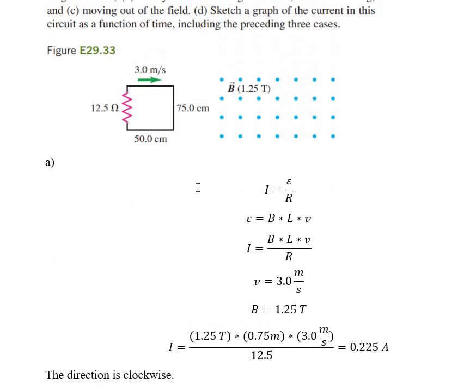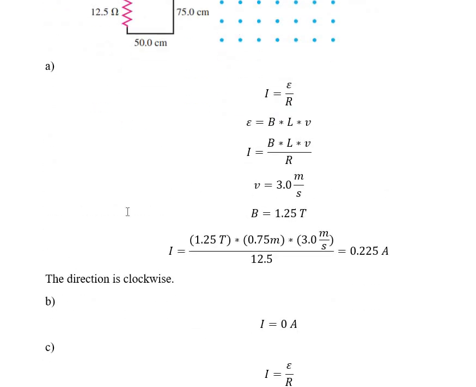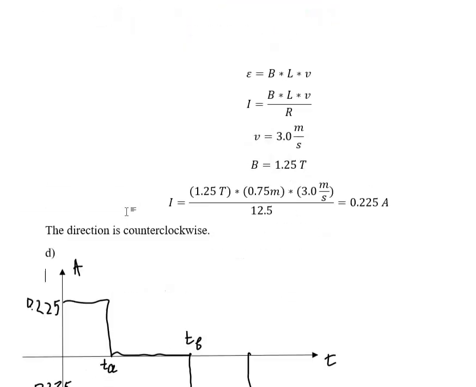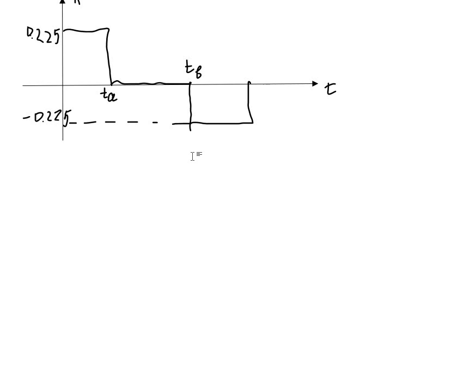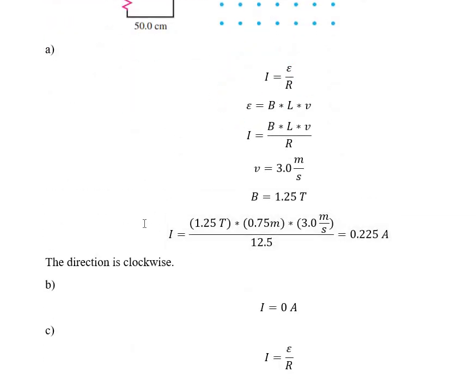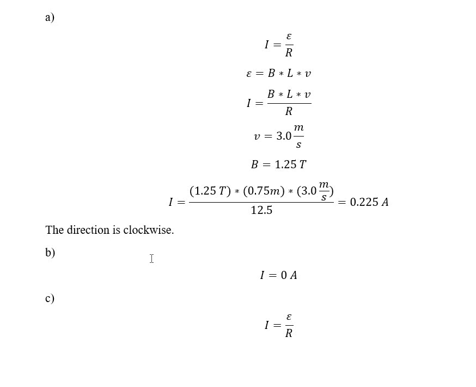And basically, we have the answer for each part of this problem. Let's just summarize it really quick. For part A, the magnitude of the current moving into the page was 0.225 A, and the direction was clockwise.